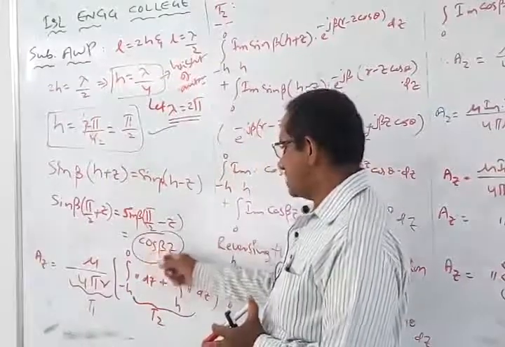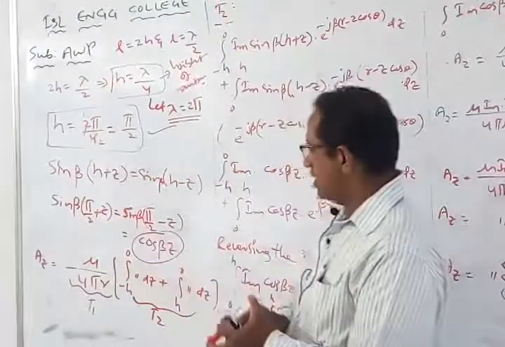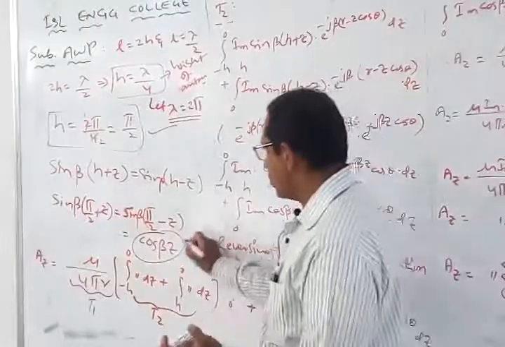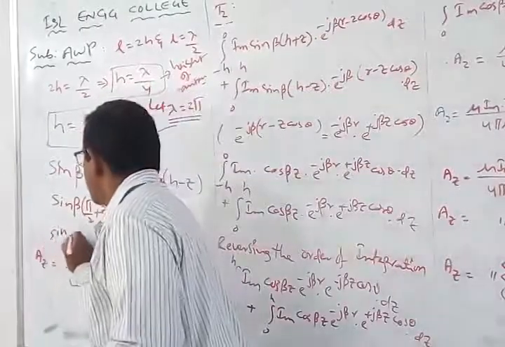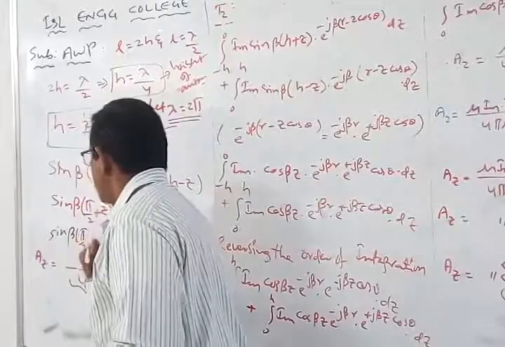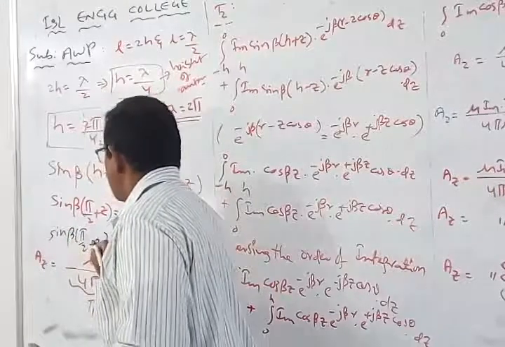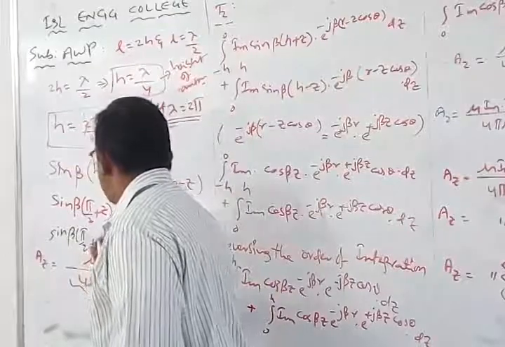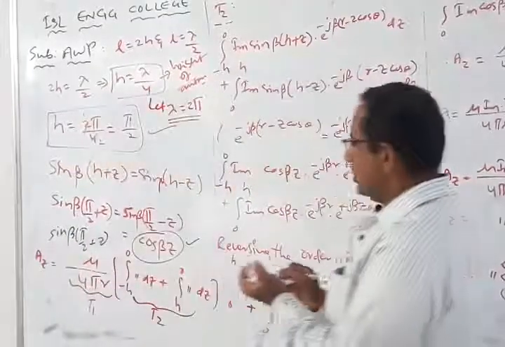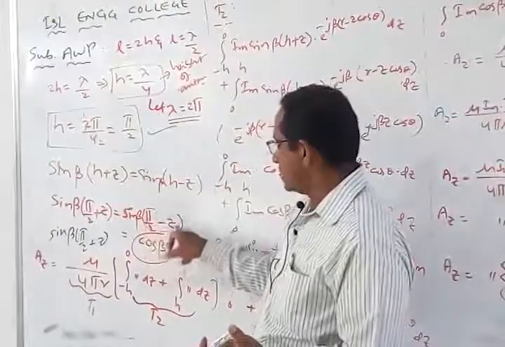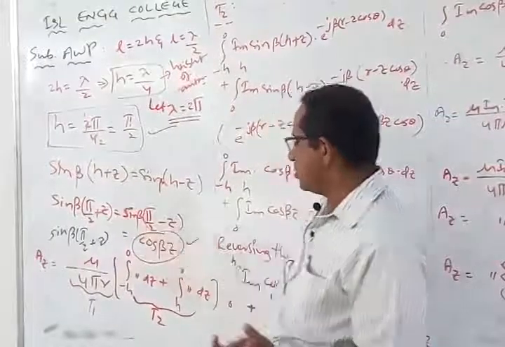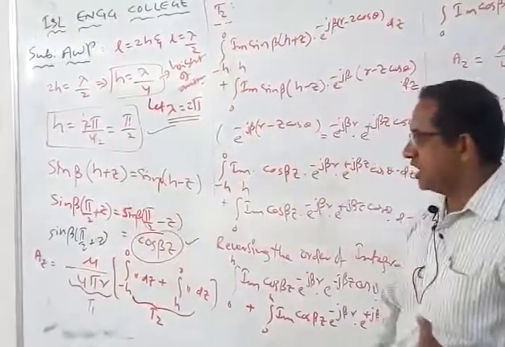So sine of beta (pi by 2 plus z) is equal to sine of beta (pi by 2 minus z), which is nothing but cos beta z. So this is the equation we get.